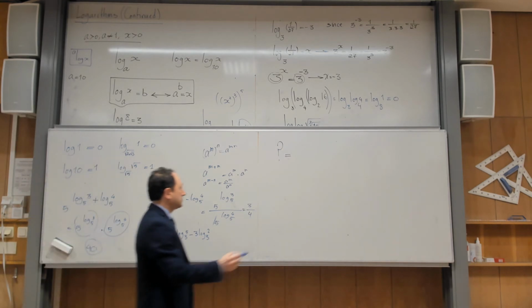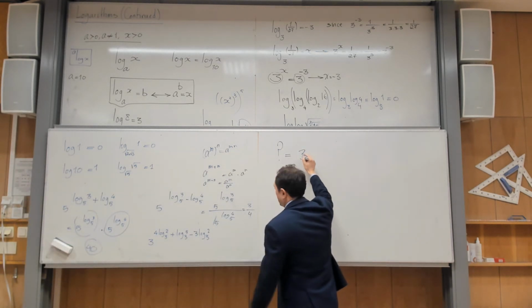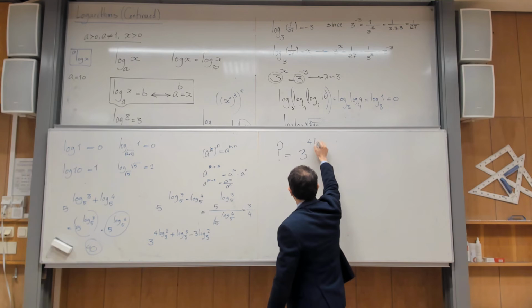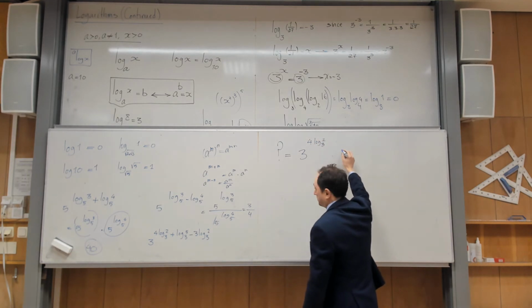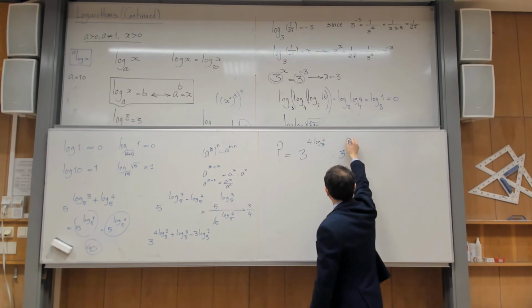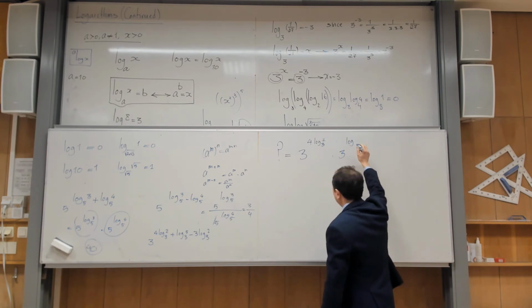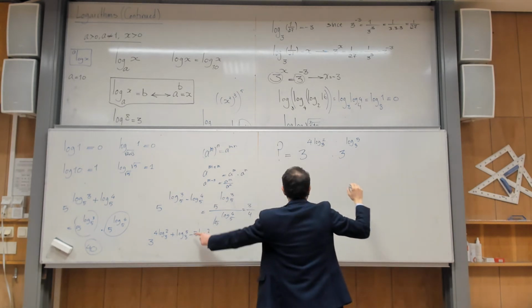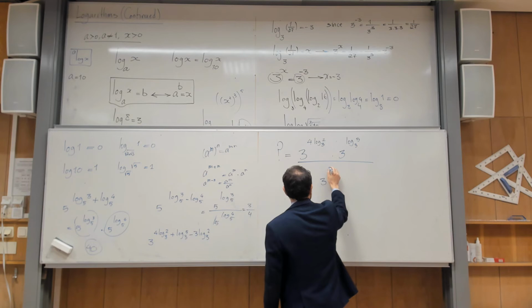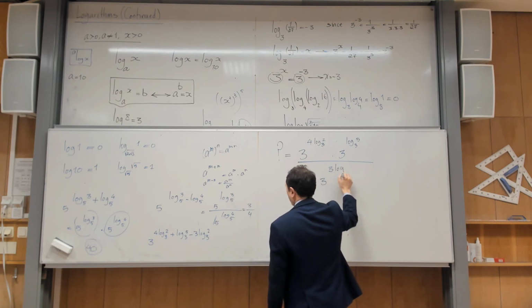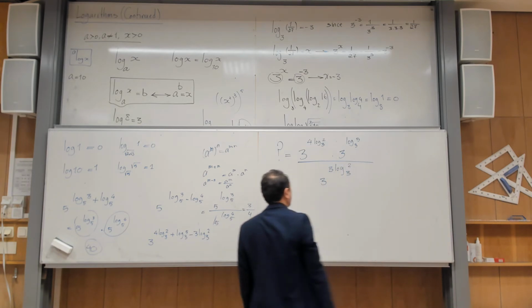I can write 3 to the power of 4 log of 2 in base 3 multiplied by 3 to the power of log of 5 in base 3, but because this one is minus, I have to divide 3 to the power of 3 log of 2 in base 3.